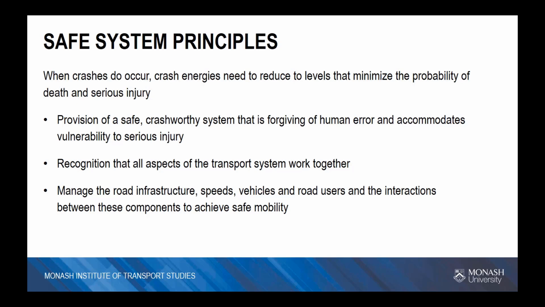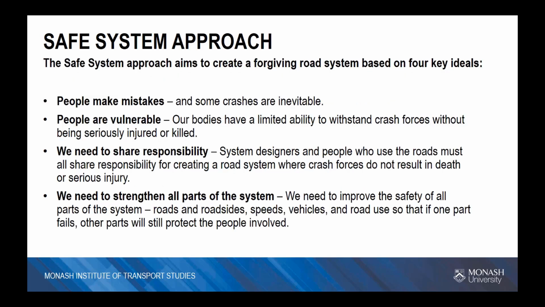There's recognition that all aspects of the transport system need to work together, and we need to manage the road infrastructure, speeds, vehicles and road users and their interactions in order to achieve safe mobility.